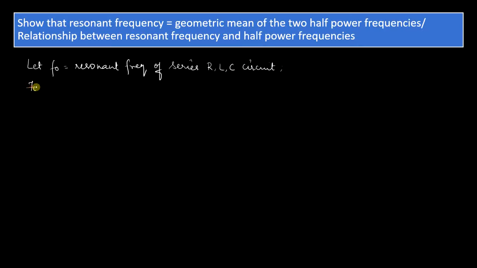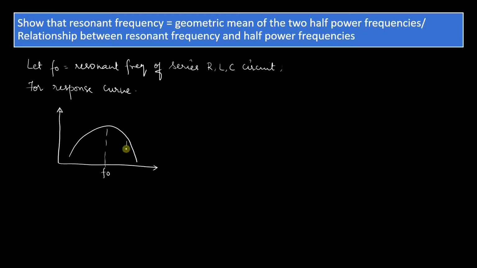From the response curve, let me denote this as F0, this as F2, this as F1. This current is Im and this current is Im by root 2.